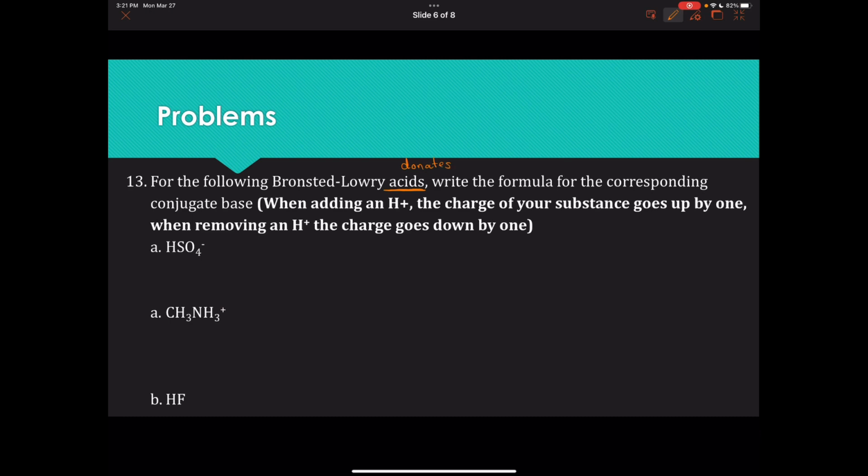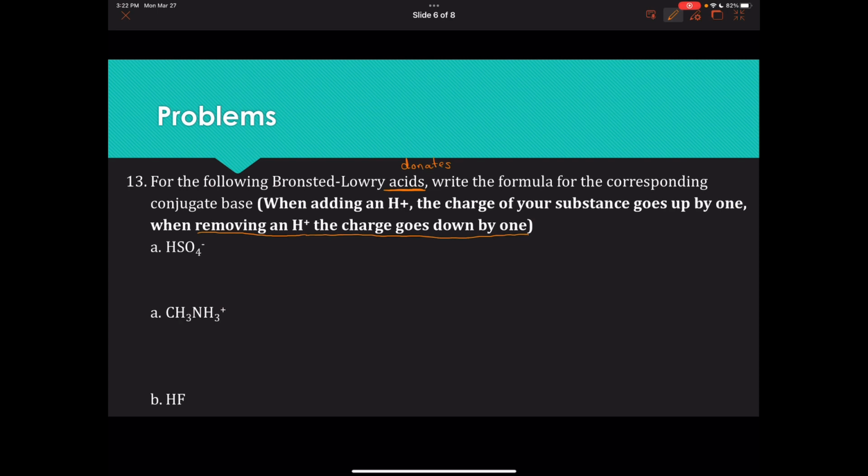So we need to write the formula for the corresponding conjugate base. For donating a hydrogen, we are removing an H plus from the compound. That impacts our charge. When we are writing the formula, we've got to take one hydrogen away and we've got to take one charge away in order to get our new formula.